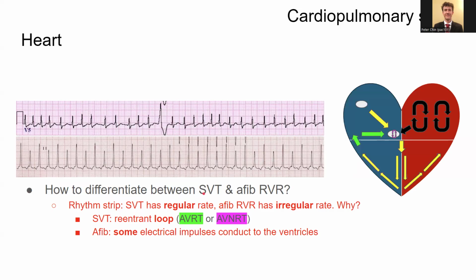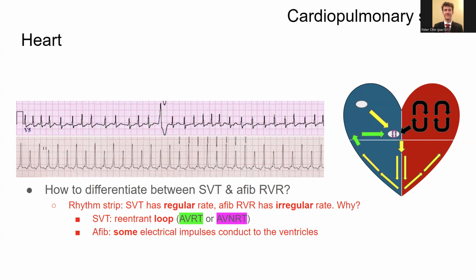If there's not enough blood filling the ventricles, then by that logic there's not enough blood leaving the ventricles. As a consequence, there's decreased perfusion. That can stimulate the sympathetic nervous system to increase heart rate, and that's why you get a tachycardia.